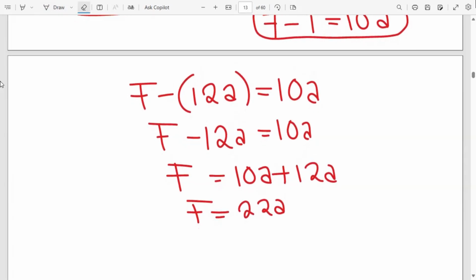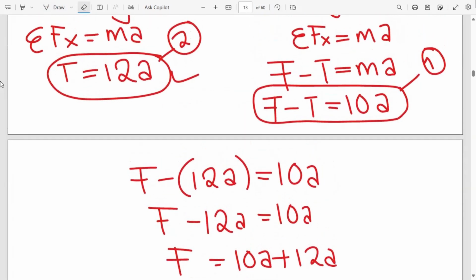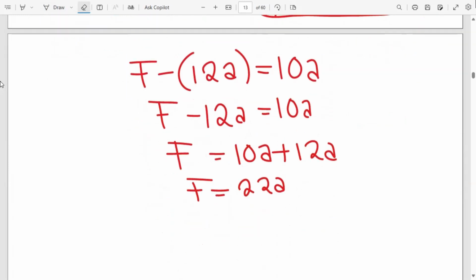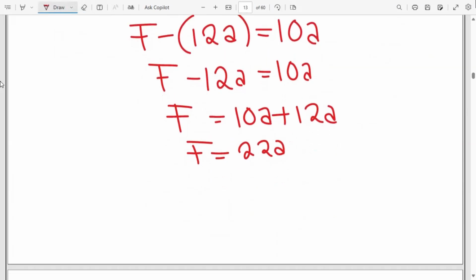Okay, so did they give us the acceleration? Let me just check the question again. Okay, we are looking for the acceleration of each box, and we have been given the force that is applied. They've given us the force that is applied, which is 40 newtons. So we'll say 40 is equal to 22a. Divide both sides by 22.